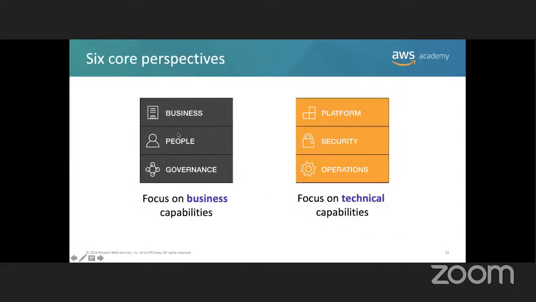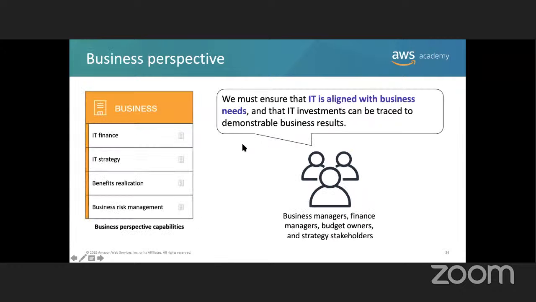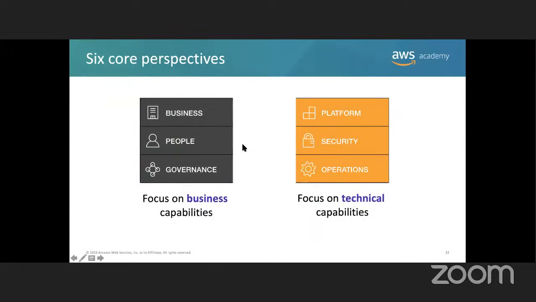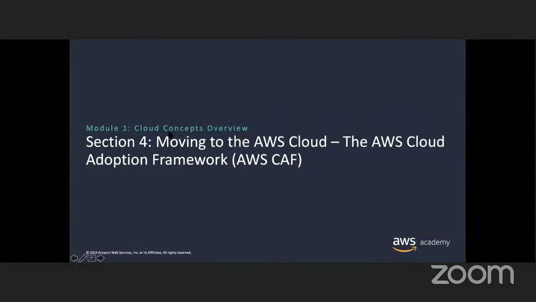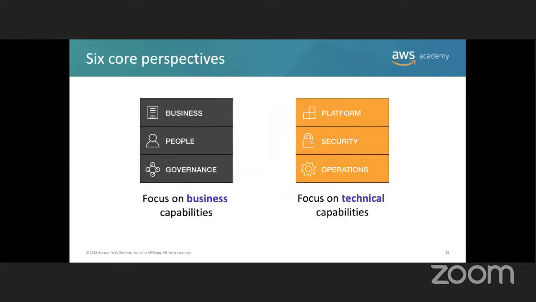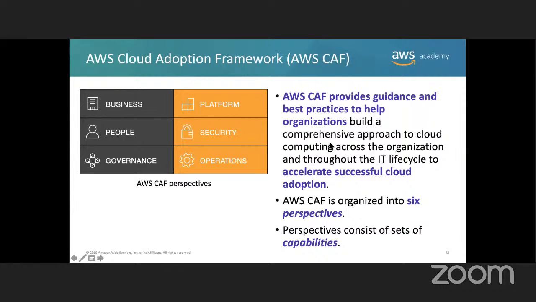Now, these three, they focus on business, right? Business, people, and governance. And these three, they focus on the technical side of the company. Just remember that, guys. When we are focusing on business, these are the ones that we take care of. And the other ones are the ones that we relate to the technical part.